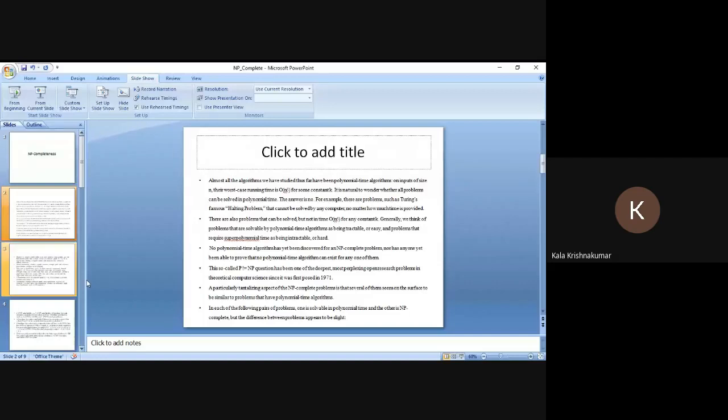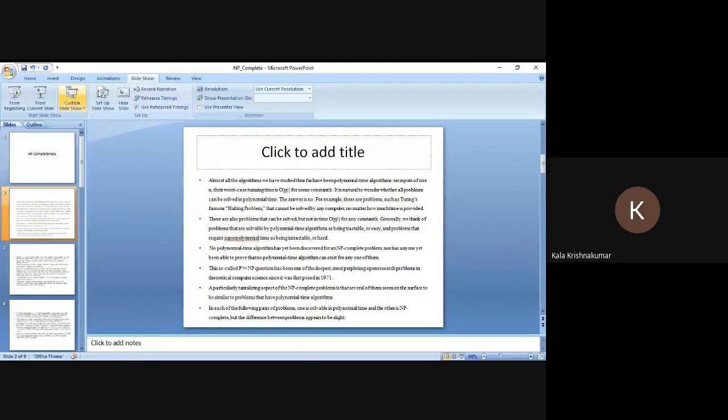So what is the Turing machine's halting problem? Given an input string, you are not able to write an algorithm to decide whether this Turing machine will halt or not.